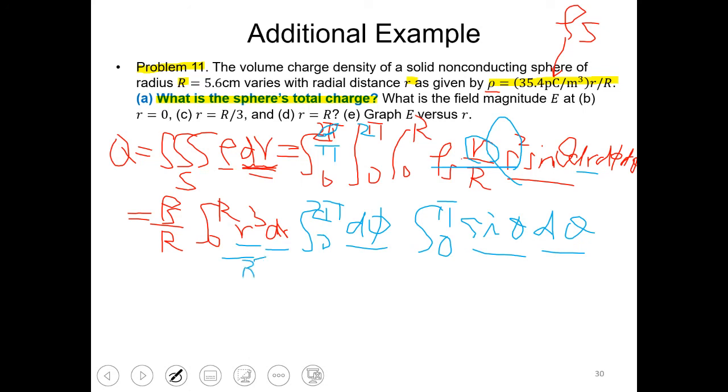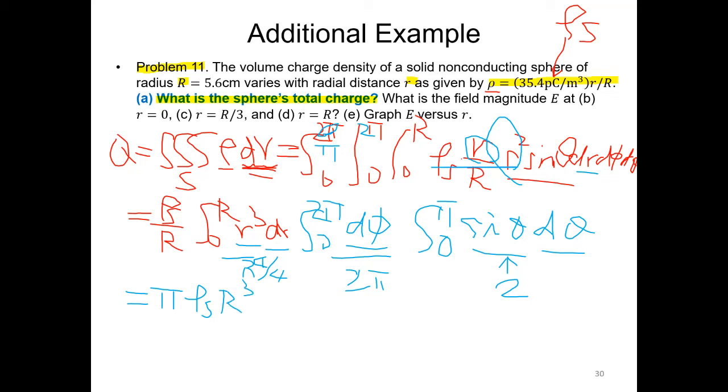So this one is r to the 4th power over 4. This one is nothing but 2 pi. This one will be negative cosine theta, and then you substitute 0 and pi into it, so you will have 2 for this one. So finally, you will get the answer to be pi rho s R cubed.